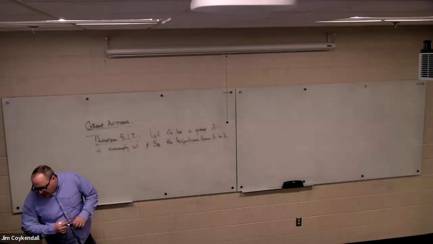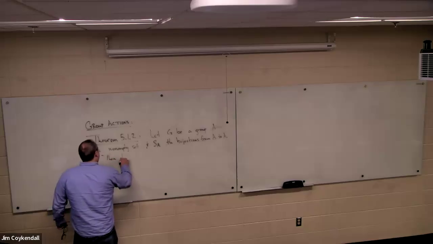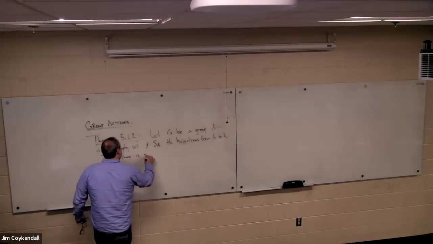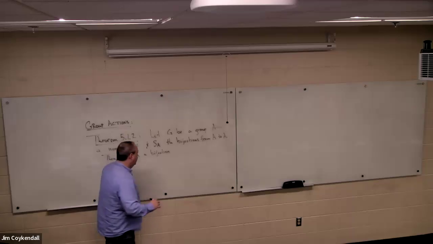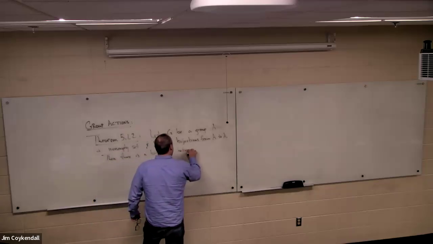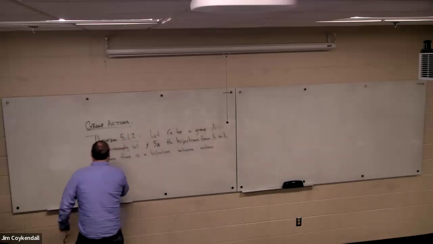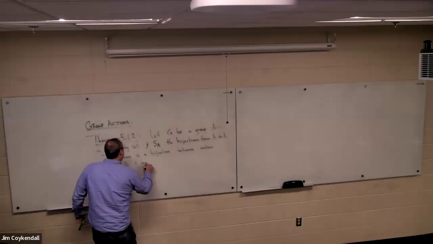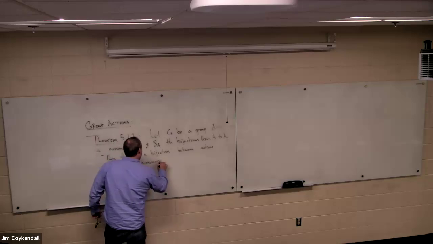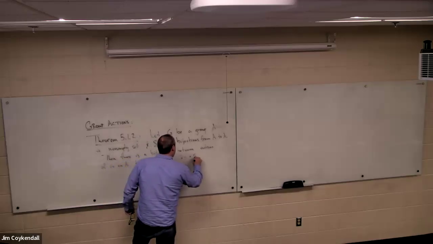Then there is a bijection between actions of G on A and homomorphisms from G to S_A. Then there is a bijection, or if you like, a one-to-one correspondence between actions of G on A and homomorphisms from G into S_A.